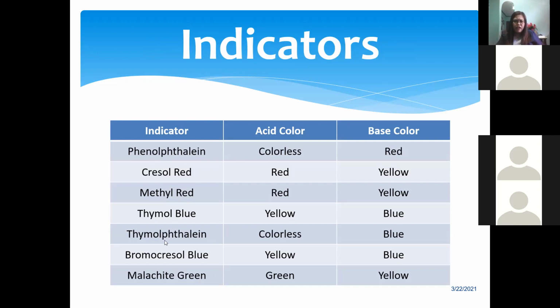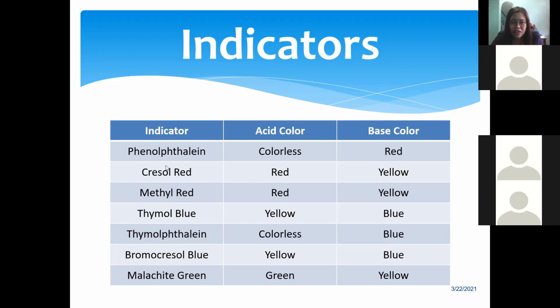Except for phenolphthalein and thymolphthalein, the others have colors in their names: cresol red, methyl red, bromocresol green, and malachite green. The color in their name is one of their colors, whether in acid or base. Like cresol red, if you put it in an acidic medium, it is red, and automatically its partner is yellow. The exceptions are phenolphthalein and thymolphthalein, which are colorless, and then red and blue.